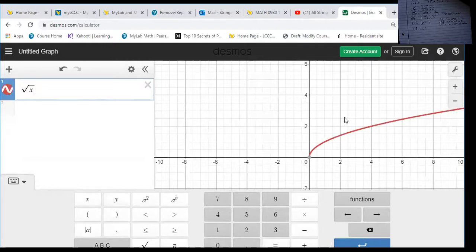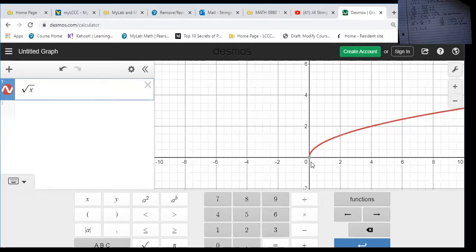That is the graph for the square root of x. That's what's called a parent function. It's what the original square root of x looks like. Now later, when we get into our next course, we'll translate that, we'll stretch it, we'll reflect it, and we'll do some different things with that, and we'll move it around. But that's just so you have an idea. And this just goes on infinitely, all right?